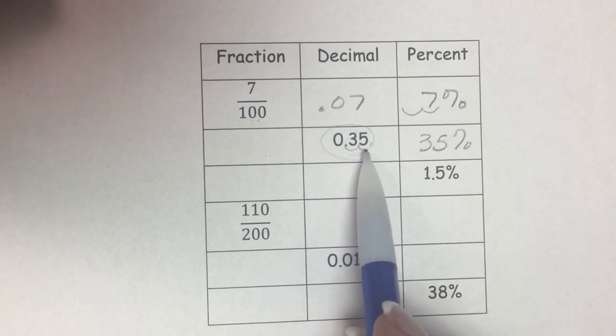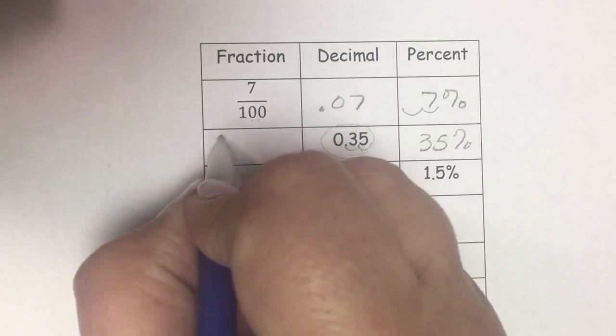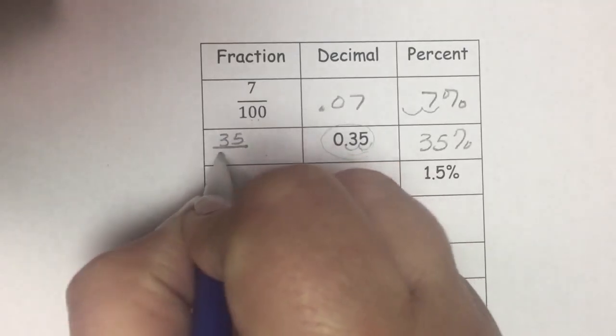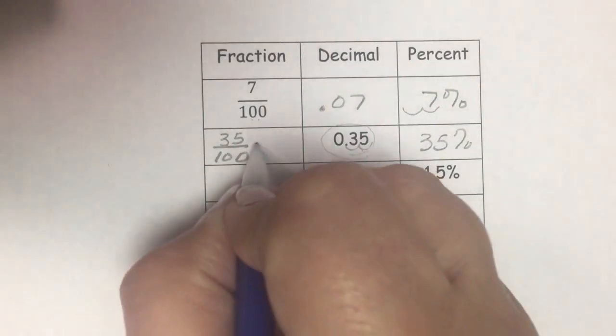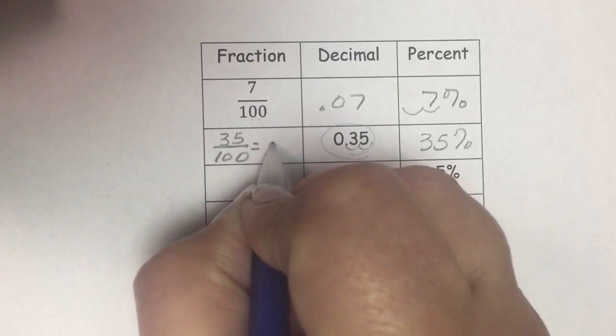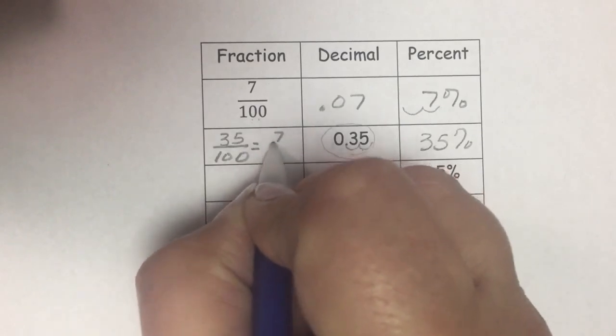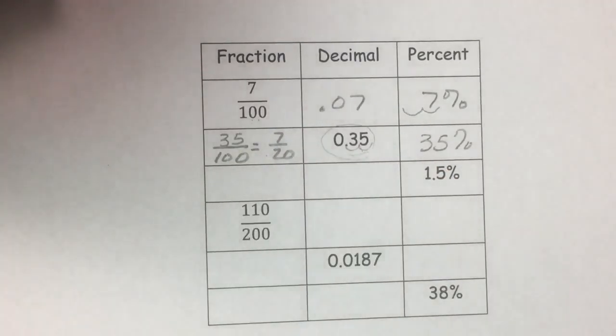It's really 35/100ths, and that would be the fraction. And then if I need to reduce that, if I divide both top and bottom by 5, I would get 7/20. Only reduce if they make you reduce.